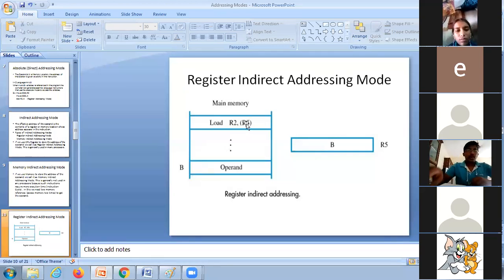So R5 contains B, which contains the operand. That means 20 is loaded here. If R2 contains 20, that 20 is to be loaded in this address. That address is B. That address is available in R5.